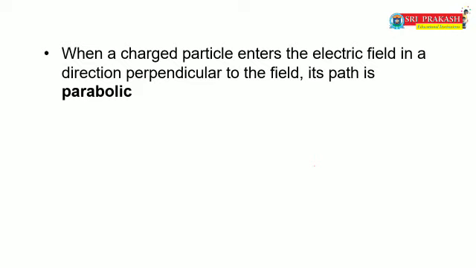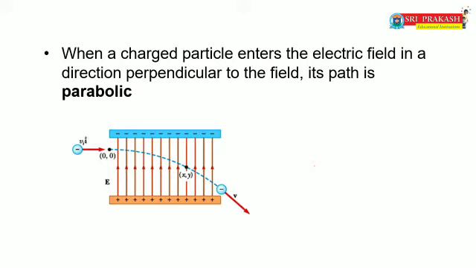Now the next important point: when a charged particle enters the electric field in a direction perpendicular to the electric field, it follows a parabolic path. If you observe this diagram, there is an electric field between the metal plates, a positively charged plate and a negatively charged plate, with the electric field from positive to negative.